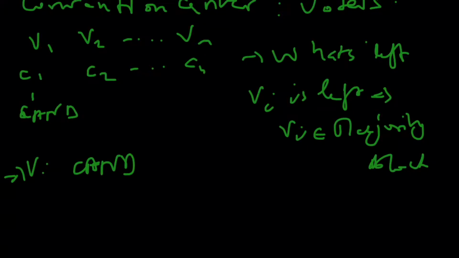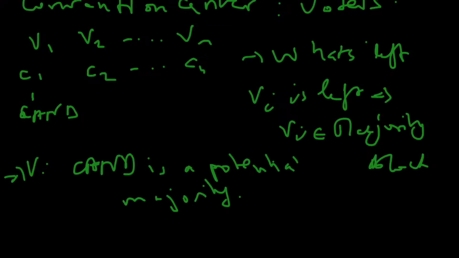Then it is a potential majority, let's say. So why do I keep saying that if a majority exists?